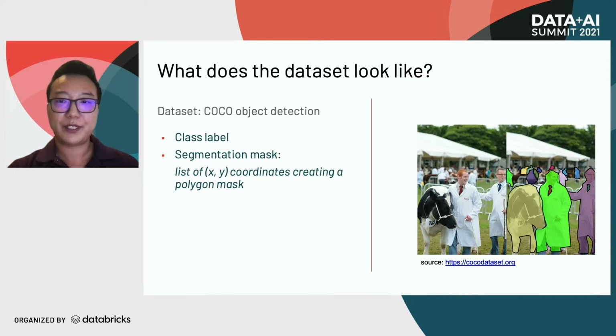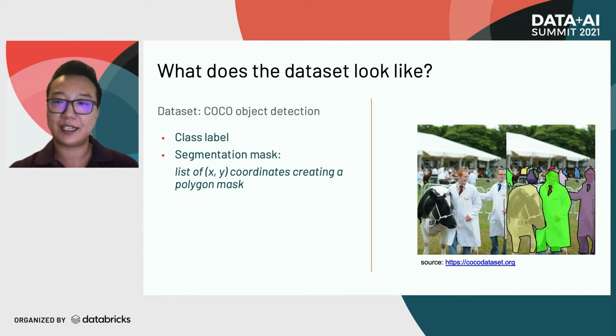So today we're going to be focusing on object detection, and one data set that's used a lot in the research community is called the COCO dataset for object detection. And here we're looking at one of the images from the COCO dataset, and each image has a bunch of different associated annotations corresponding to the image.